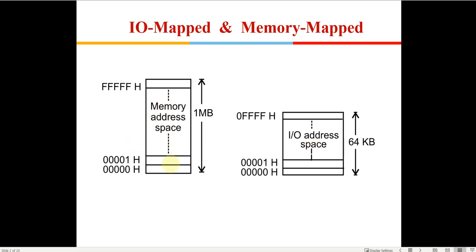When we do it in the memory address space, we can access it through the normal move command and those commands which we generally use for memory addresses. Suppose I connect an input output device to a memory location FFFF. Then when I write a command like move AX, FFFF, the input data will be fetched from this memory location.